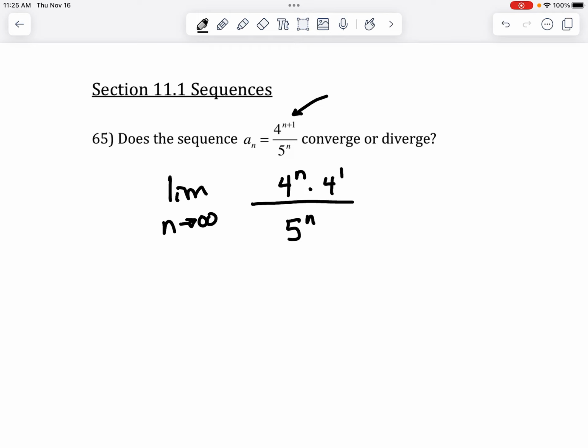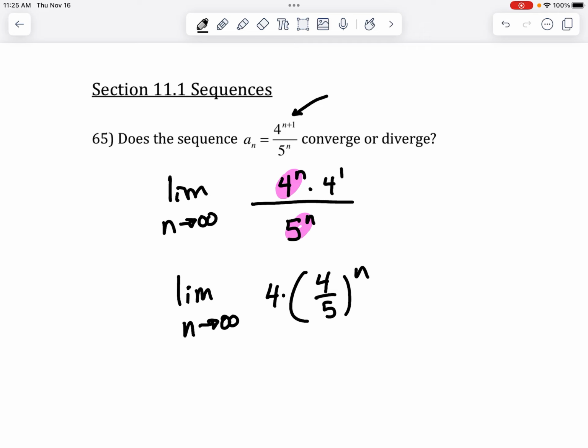The reason for that is I can then see that we've got a 4 to the n and a 5 to the n, and I could rewrite that as 4 over 5 to the n, and then I could move this out in front.